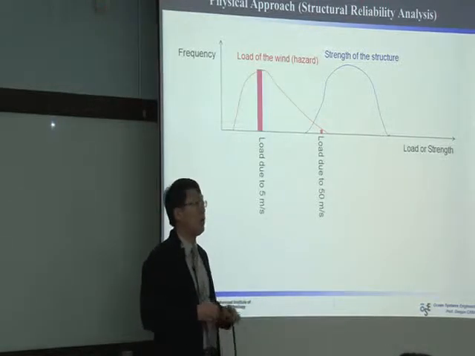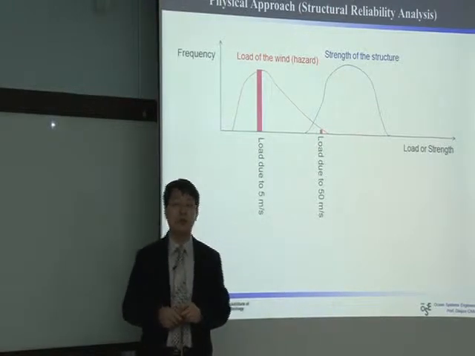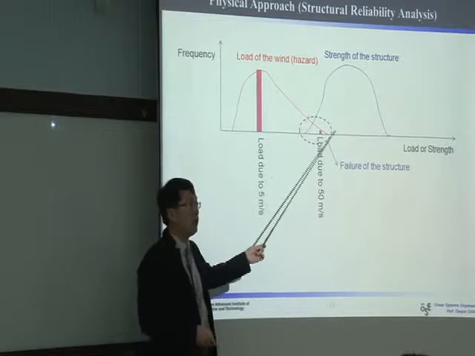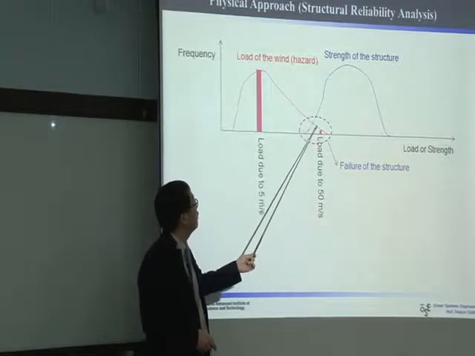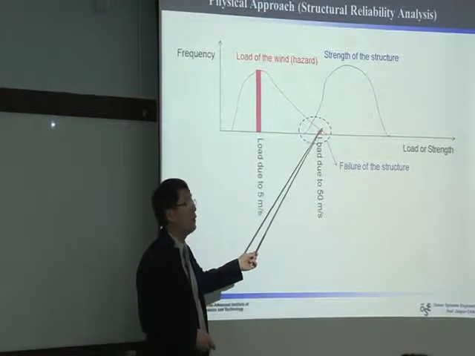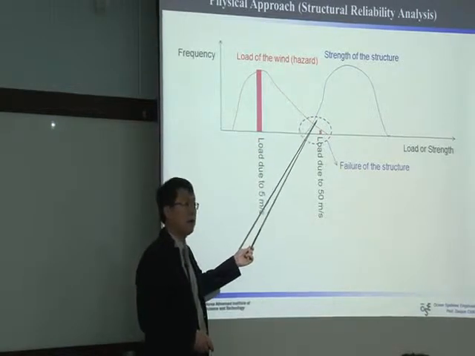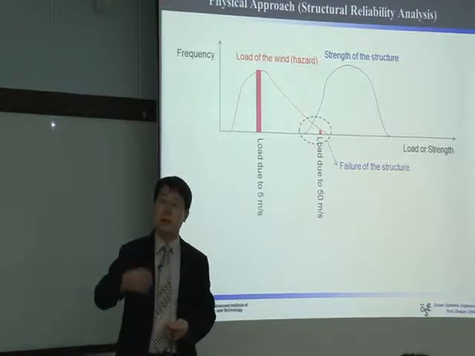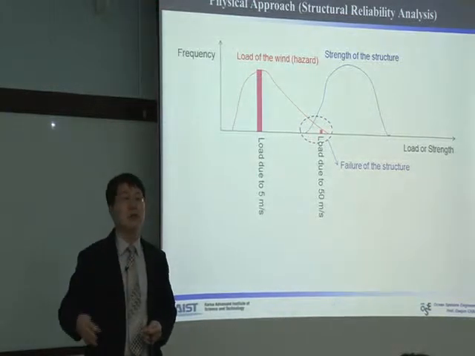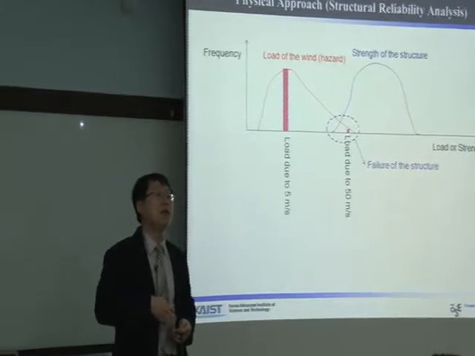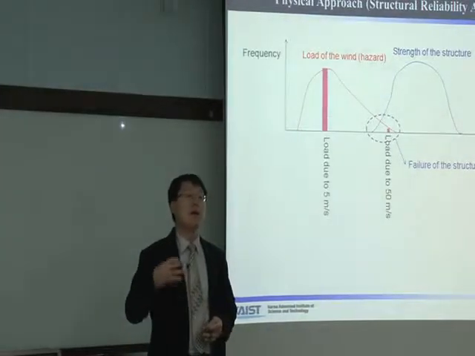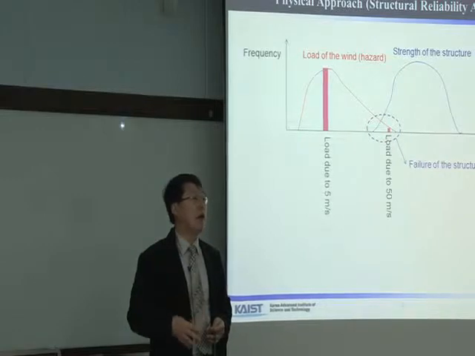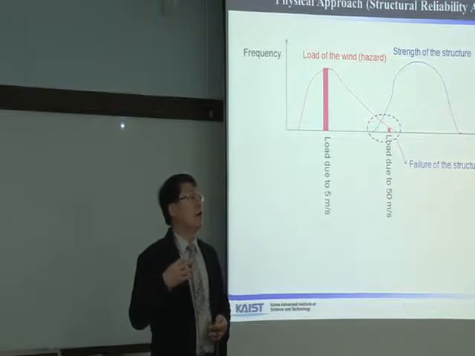So if we impose the two distributions, there is a situation where the load is greater than the strength. Because it has a distribution probability, there is a possibility that the structure strength is lower than the load.